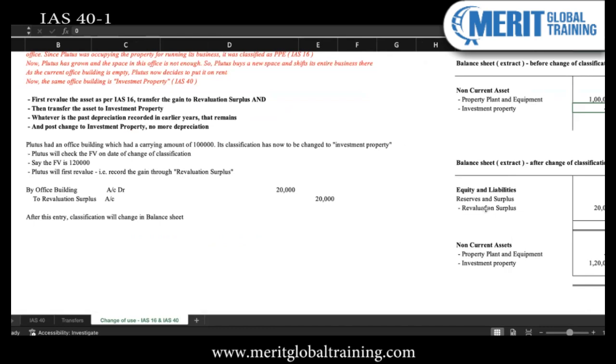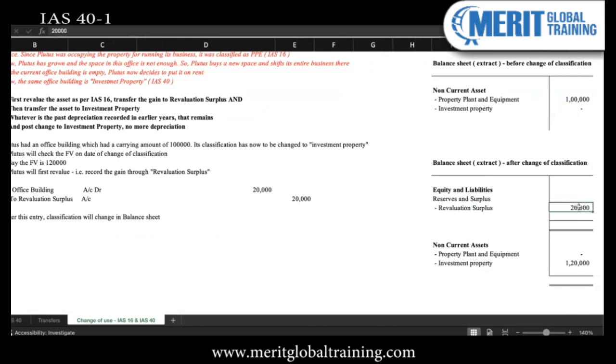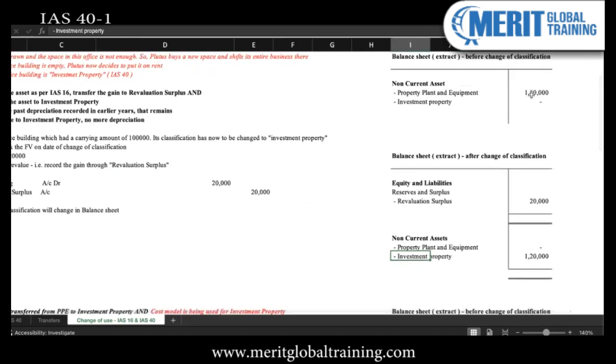In the balance sheet on the liability side, you are now showing revaluation surplus of 20, and on the asset side, PPE, property, plant and equipment is 0. Investment property is now 1,20,000. 1 lakh plus 20, that is 1,20,000. All that has happened is instead of remaining classified as 1 lakh, it now gets reclassified as 1,20,000.